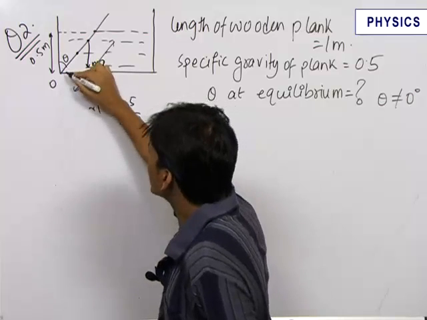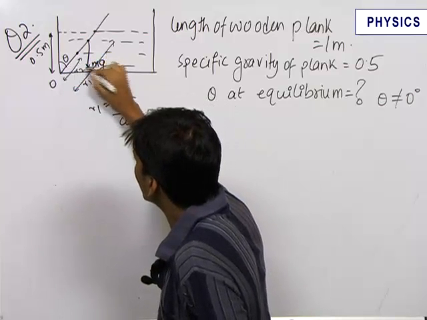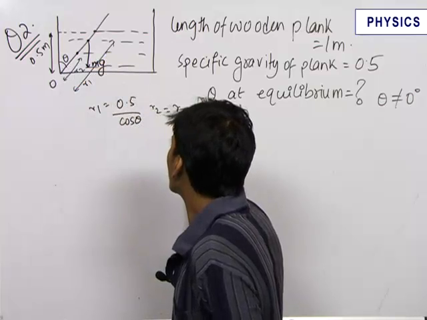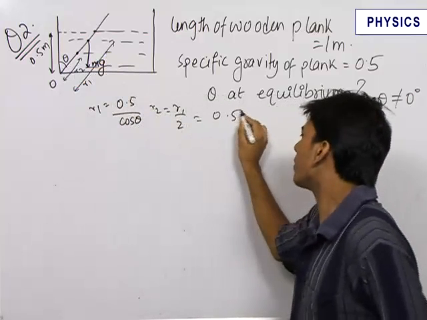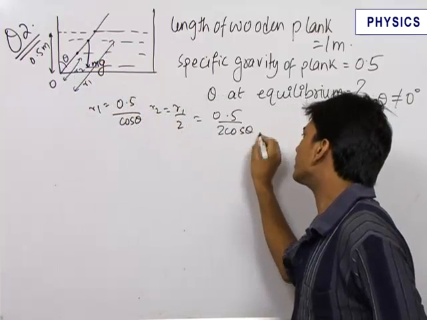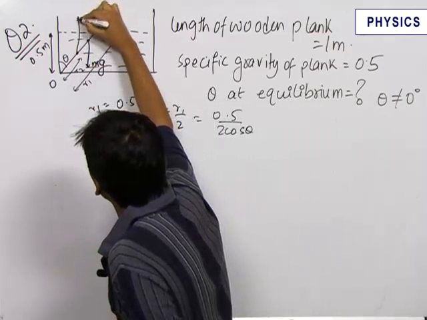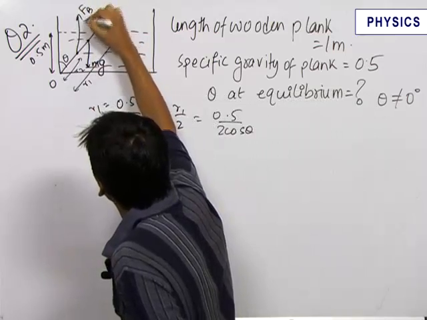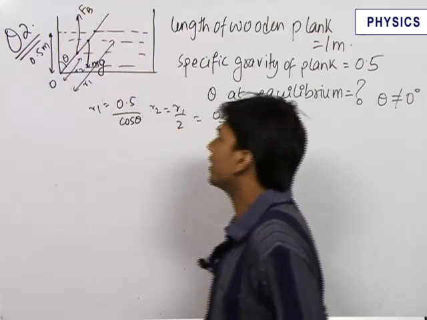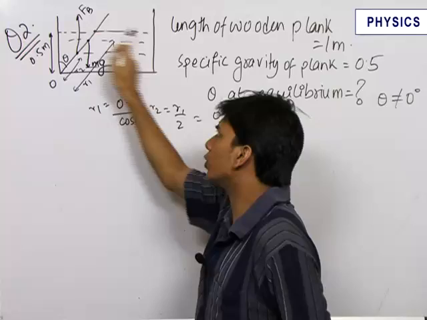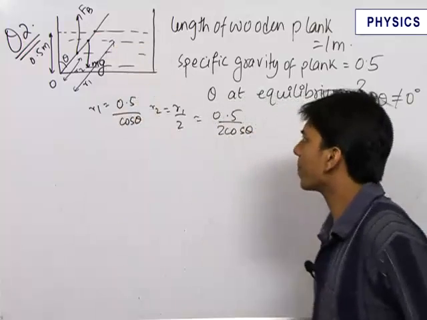So the center of mass will be at a distance R2 equal to R1 by 2, that is equal to 0.5 upon 2 cos theta. Now the buoyant force will be acting on the object at this point in the vertical direction, since the buoyant force is always perpendicular to the surface.